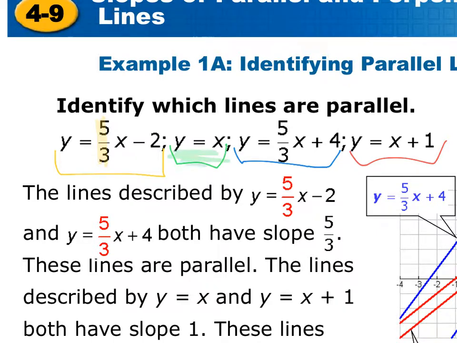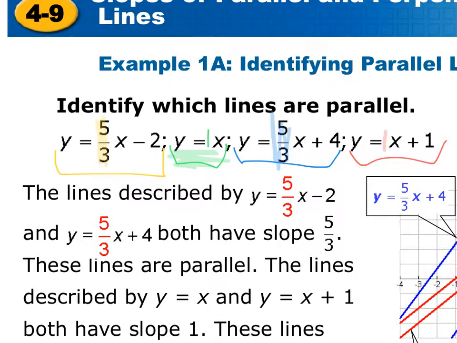This one right here. 1. Good. We don't see it, but there's an assumed 1 there. Then the blue one, what's the slope? 5 over 3. And then the last one, what's the slope of the red one? 1.